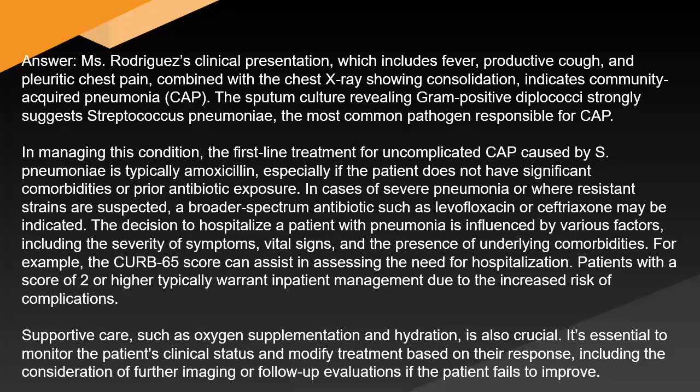Patients with a score of 2 or higher typically warrant inpatient management due to the increased risk of complications. Supportive care, such as oxygen supplementation and hydration, is also crucial. It's essential to monitor the patient's clinical status and modify treatment based on their response, including the consideration of further imaging or follow-up evaluations if the patient fails to improve.